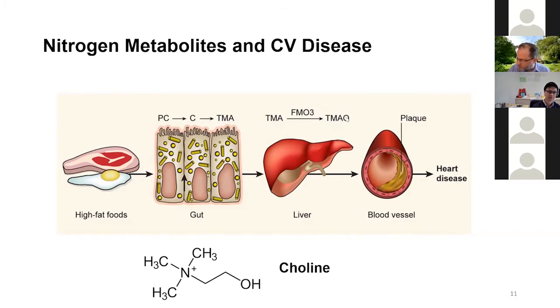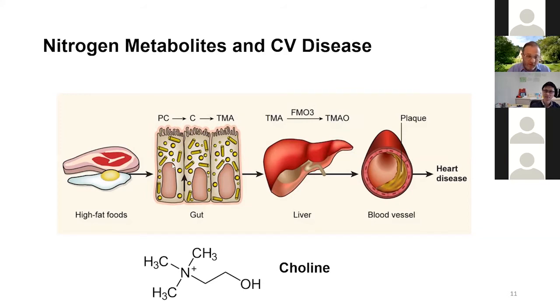This is interesting because it is a nitrogen-containing compound, and what they showed in their studies is that it is derived from the gut, from taking in foods high in nitrogen-containing compounds. Here they show red meat and eggs, but typically red meat is very high in these compounds.